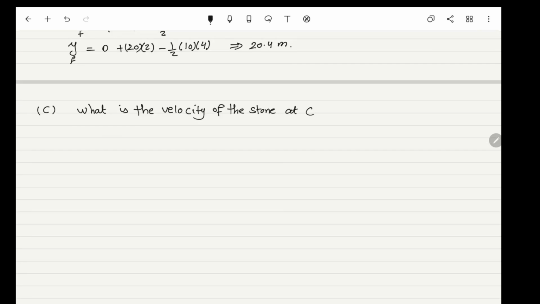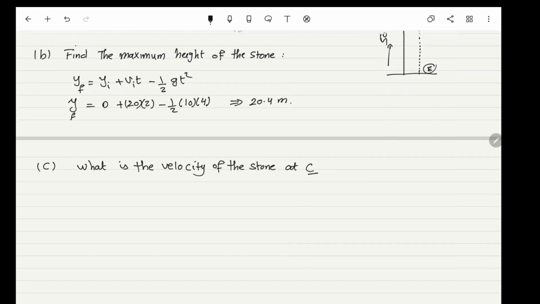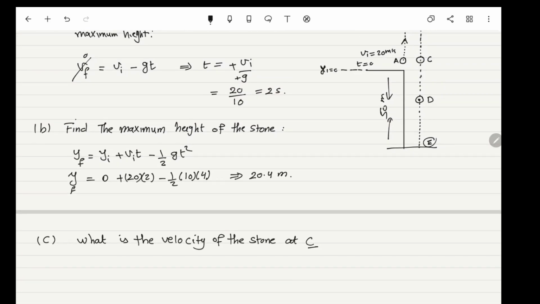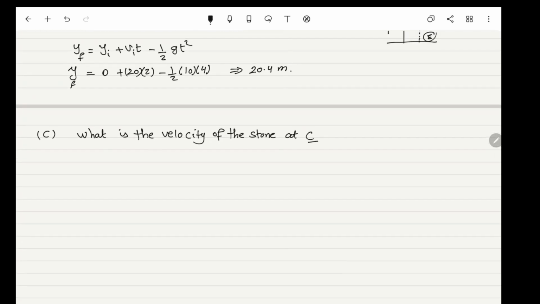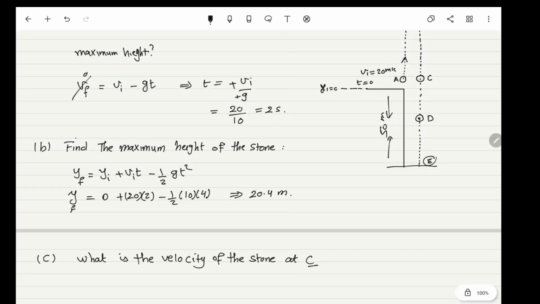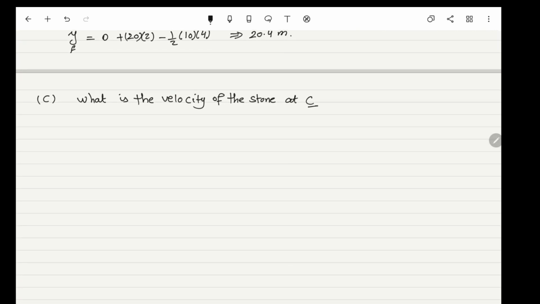What is the velocity of the stone at point C? Back to the example. C is at the same height as A. And we just mentioned before that it should have the same velocity but in a different direction. Let's prove this using the equation V final squared equals V initial squared minus 2G delta Y. V final squared, which is what we're looking for, equals 20 squared minus 2G delta Y, where delta Y is Y final minus Y initial.